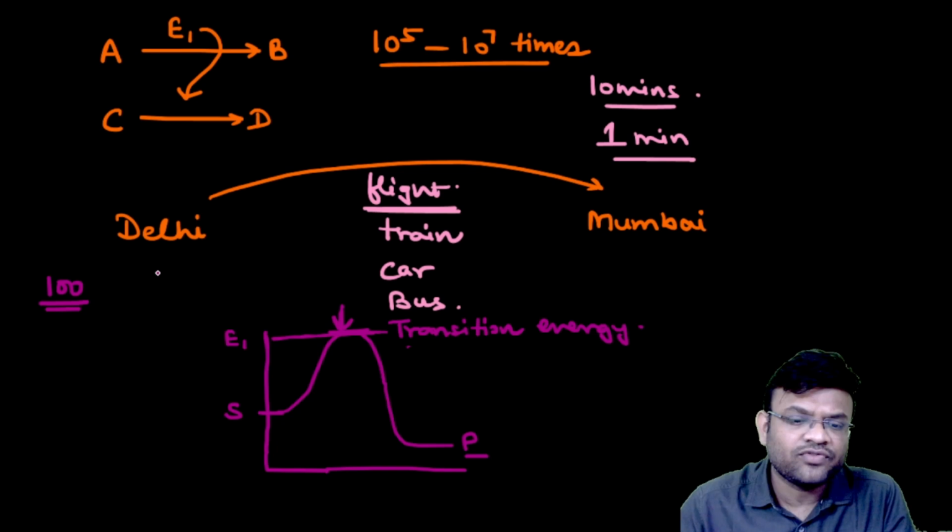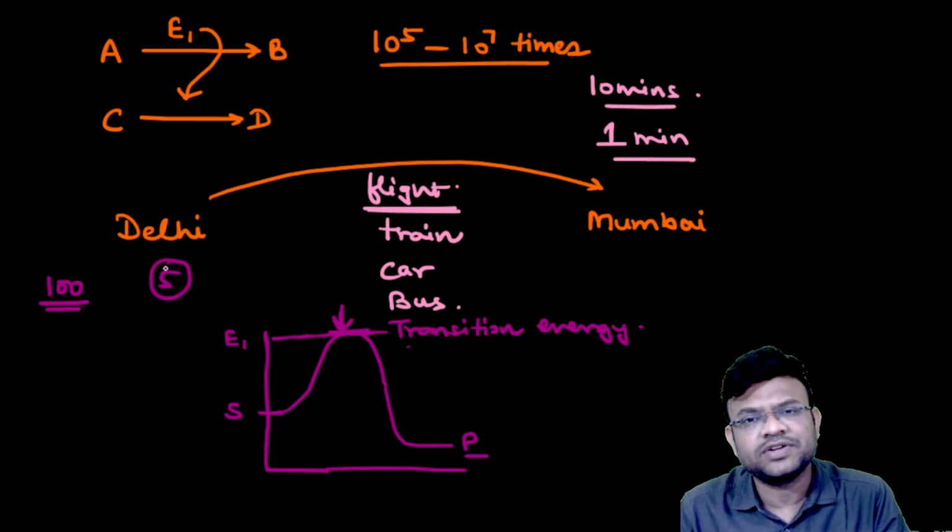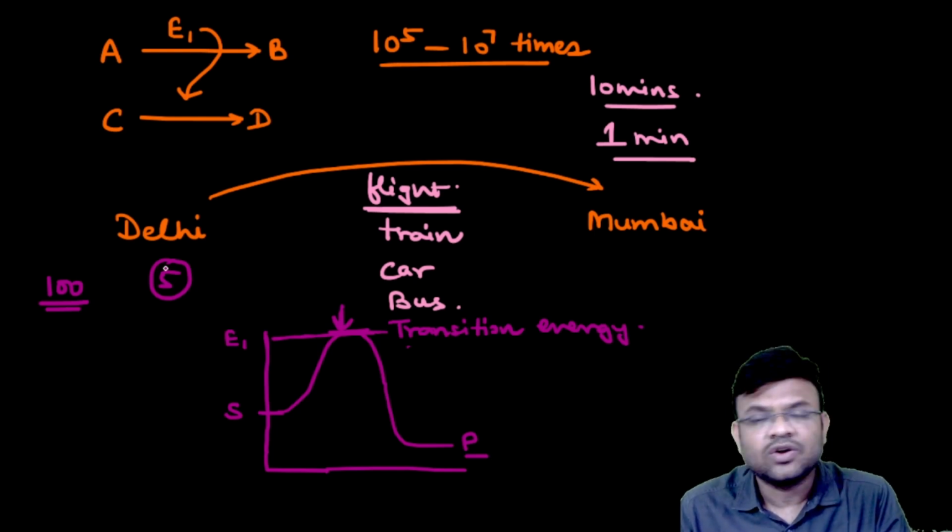Let us say only 5 molecules out of 100 had this amount of energy. Now, obviously, if only 5 substrate molecules are taking part in the reaction, then the rate of the reaction will be extremely slow. If I want to enhance the speed of the reaction, I would put enzymes into it.